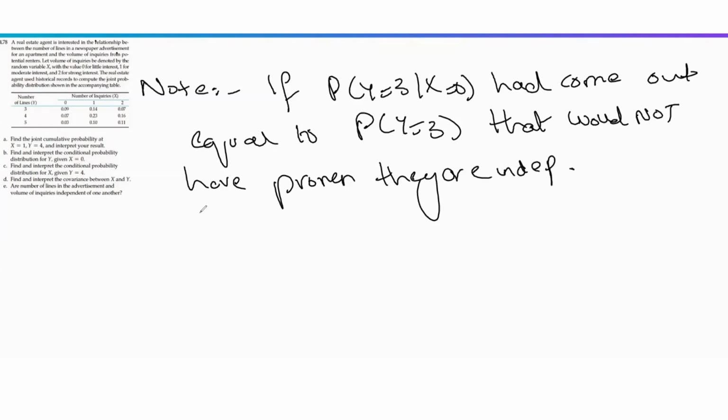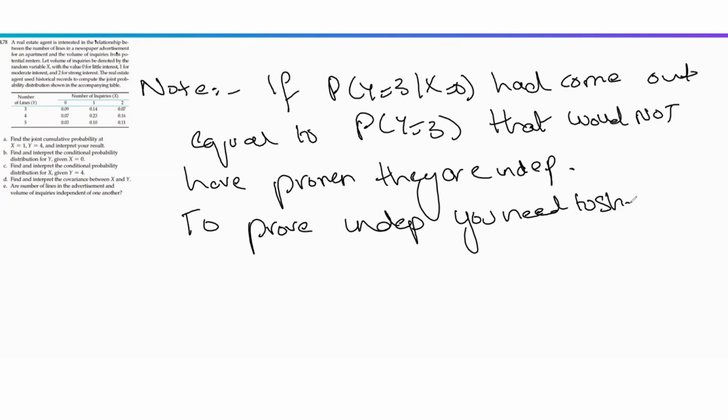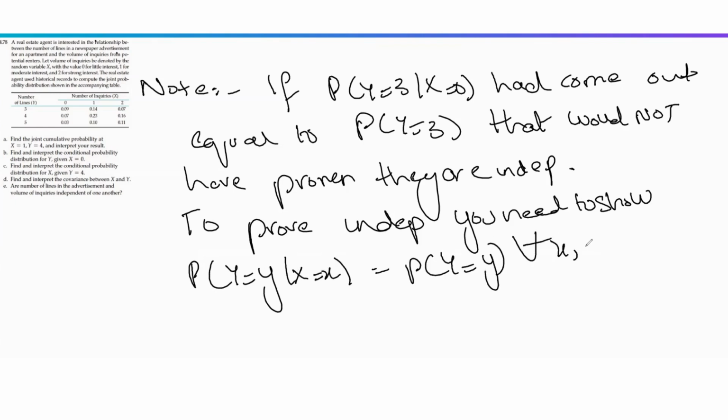To prove independence, you need to show that probability y given x is equal to the probability of y, for all x and y. So first you would show that probability y is 3 given x is equal to 0 is true.